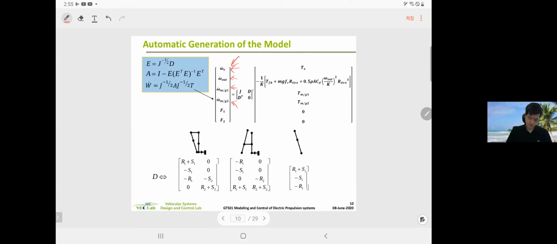And then there's the internal force for PG1 and PG2. And then there's the torque vector, right?